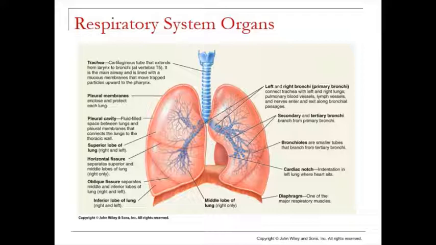What else? If you look closely at the image, you see these little faint lines running through the lungs. They're trying to represent deep grooves in the lungs. Remember, in anatomy, we call deep grooves fissures. So your lungs aren't one solid organ per se.